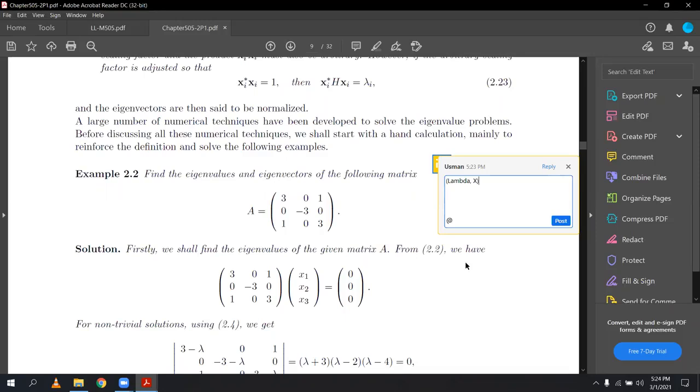So we have these two steps to do here. The first step will give you the lambda. And how to find lambda, as I gave you the formula: the determinant of the given original matrix minus lambda I should be equal to 0.